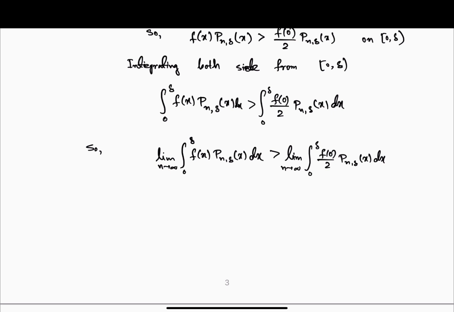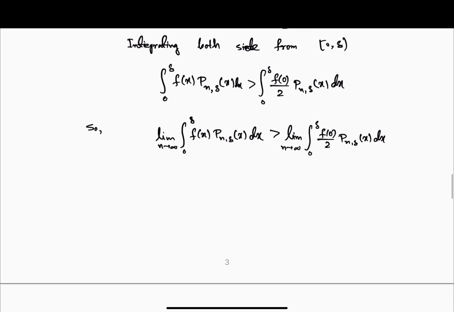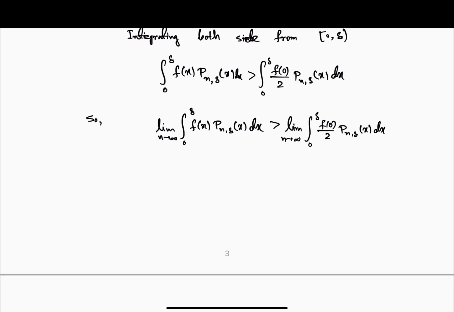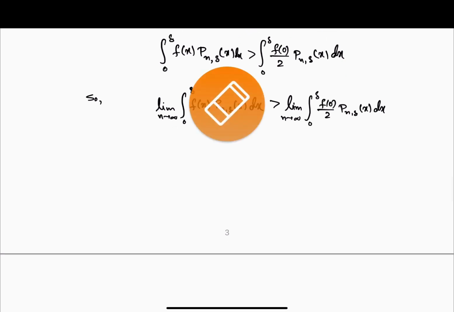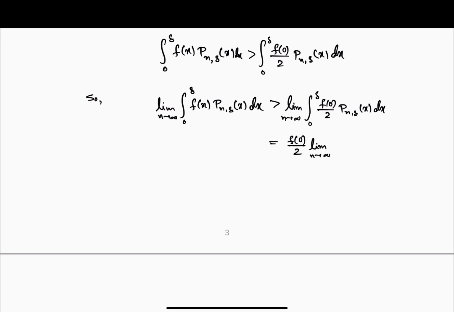And here you need Fatou's lemma, so that the limit can be taken inside. So this is f(0) by 2 times the limit as n tends to infinity of the integral from 0 to delta of P_n,delta of x dx.